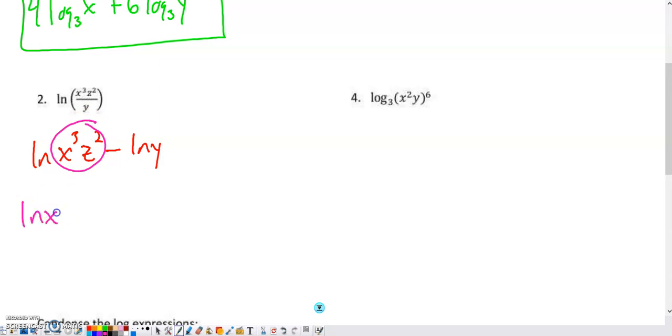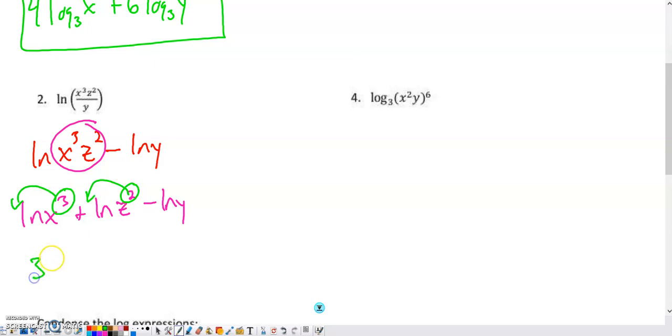So they're going to be in their own natural log. Finally, are there any powers? Yes. So bring them down, put them in front.